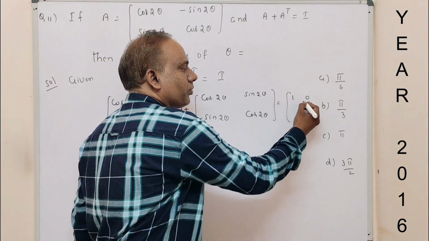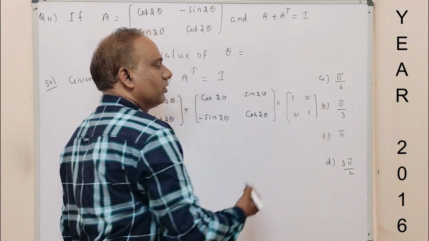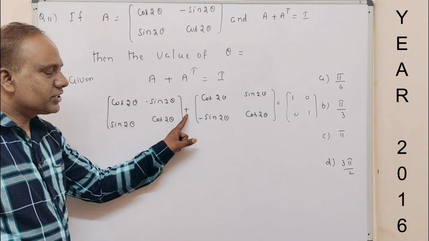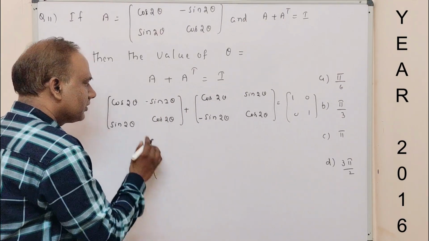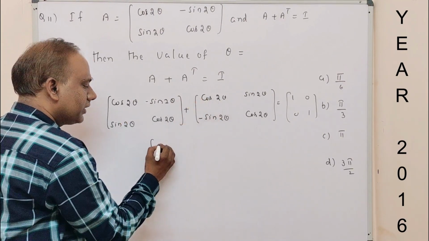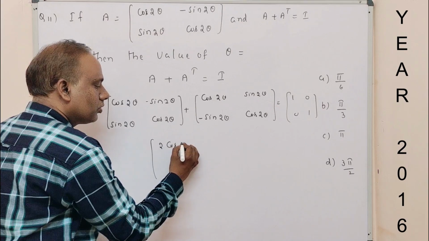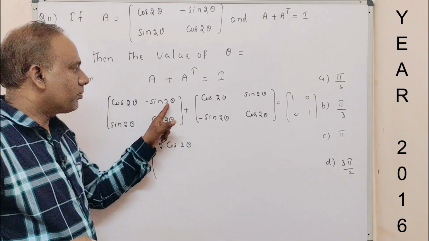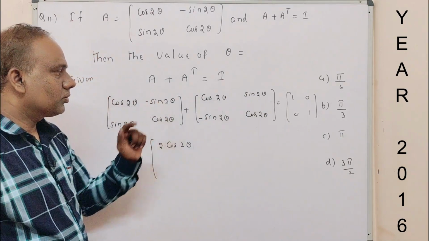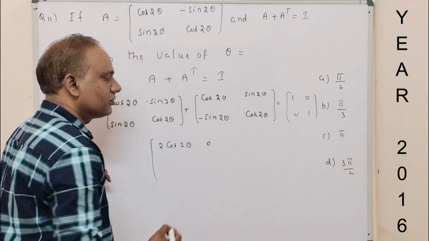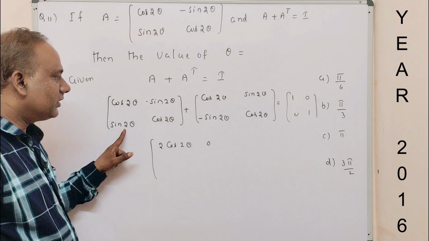Identity matrix means 1 0 0 1. Okay, so it is plus. Now plus means addition. Cos 2 theta plus cos 2 theta is 2 cos 2 theta. It is minus sin 2 theta and plus sin 2 theta, so both are cancelled, 0.